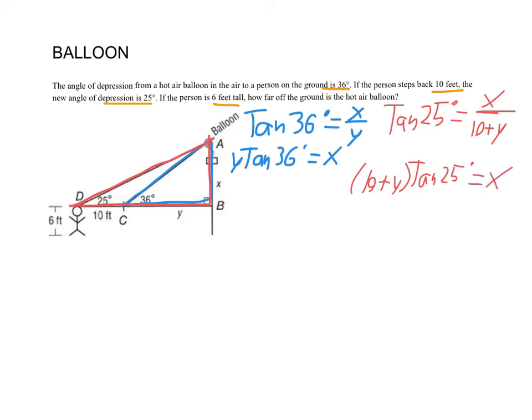Since they're both equal to x, I can set them equal to each other, such that y times the tangent of 36 is equal to, parentheses, 10 plus y times the tangent of 25.